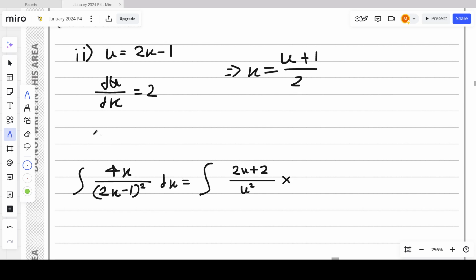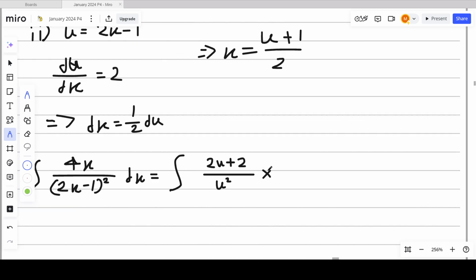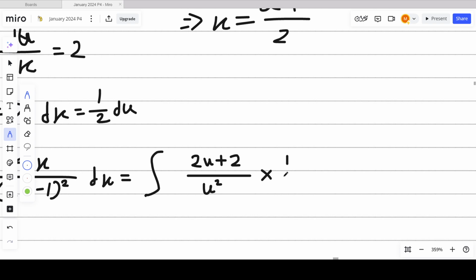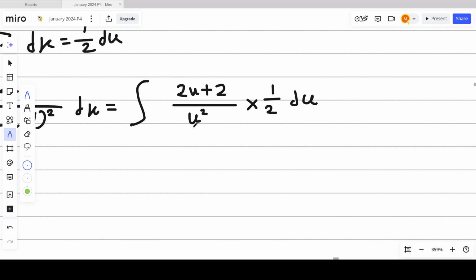In place of dx, what can we substitute? Make dx the subject from there. If you make dx the subject, what will you get? Half of du. Pretty simple. So we can put half of du. Right? So look, you can take 2 common from there. This 2 and this 2 cancel out.